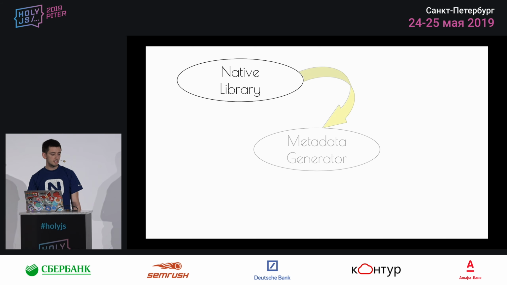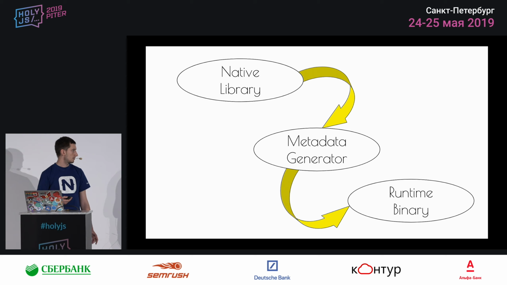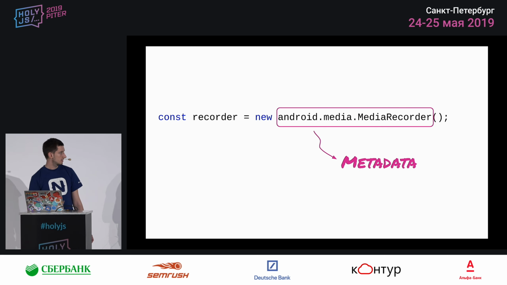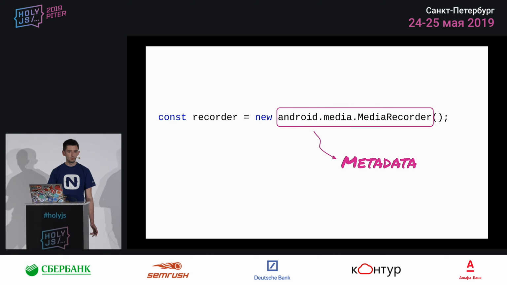Its goal is to parse every native library, for example, the Android SDK or any other native library which the developer imported, and from them to collect information about every package, class, interface, all the fields, all the methods, everything from the native side, and store that in a compact runtime binary. This binary would later be used when the application is run. So we can understand that these special words are some kind of metadata about the native world.